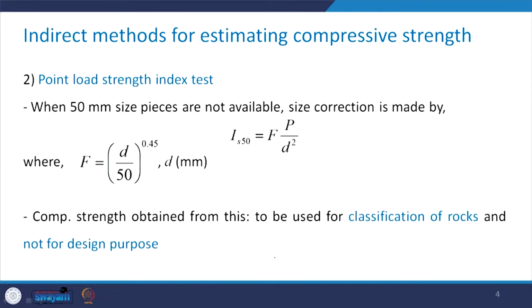Now, the question is, if 50 millimeter size pieces are not available, then one needs to go for a size correction. If you recall, we discussed the size correction in case we did not get an L by D ratio of 2 or more than 2 in the case of the regular cylindrical specimen.